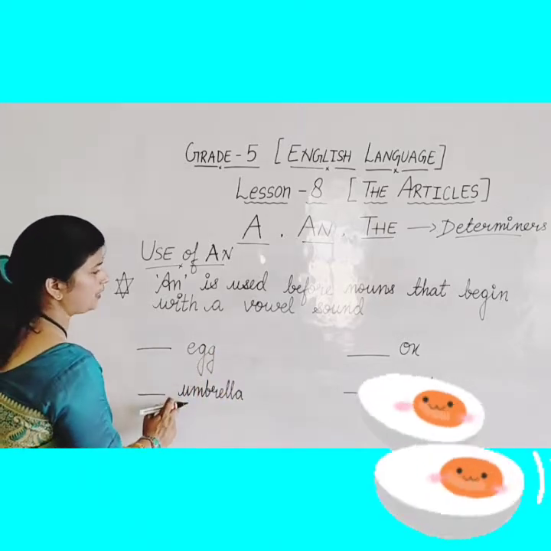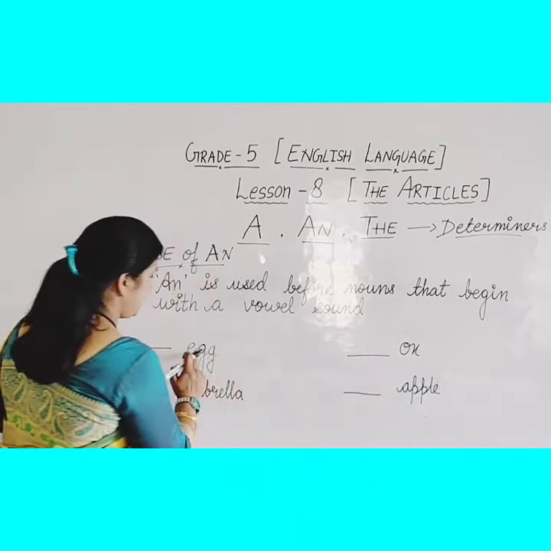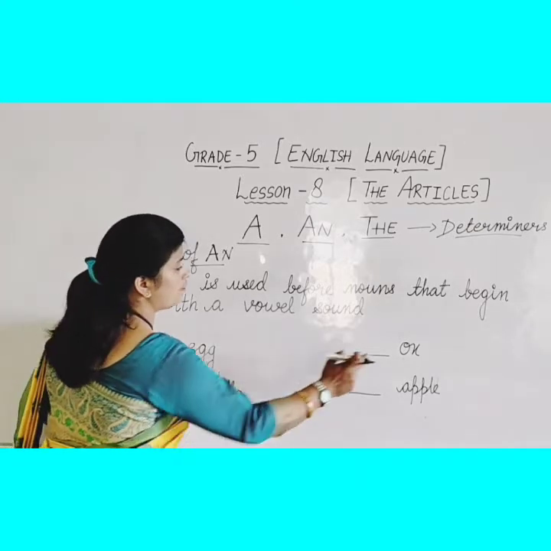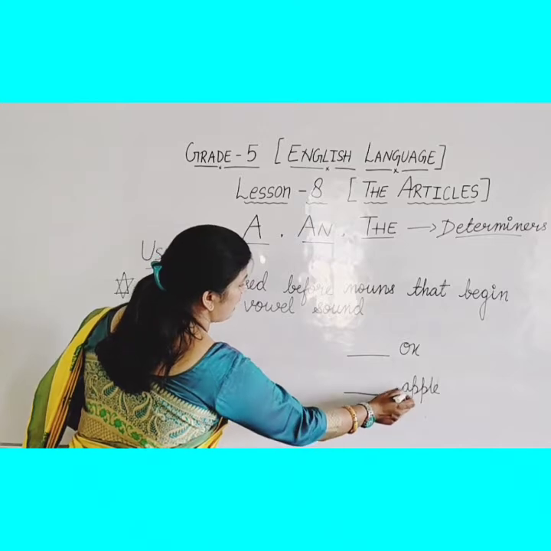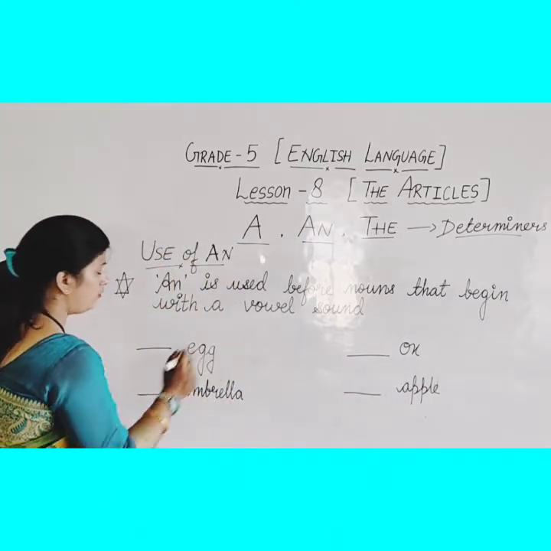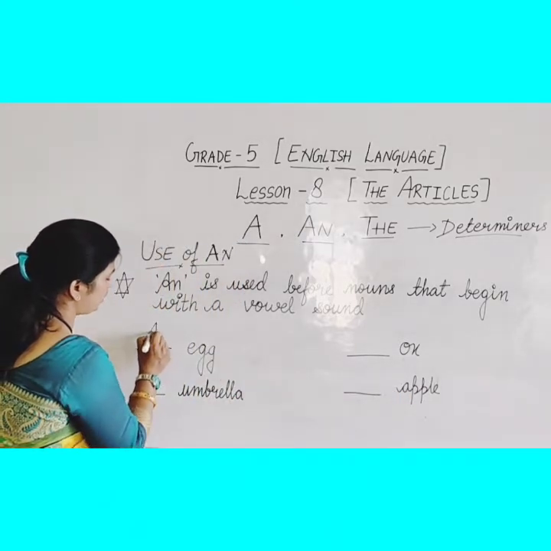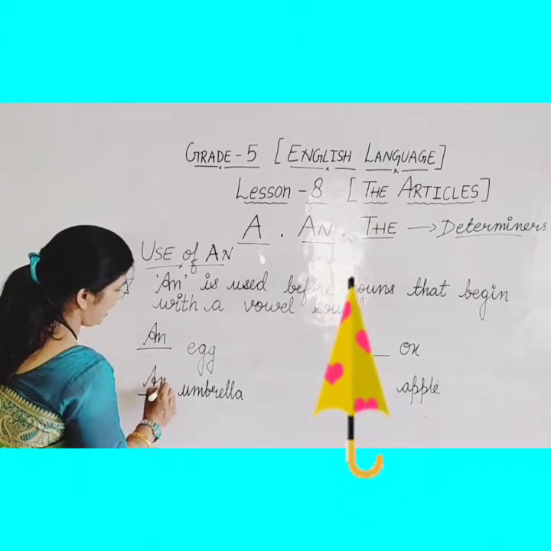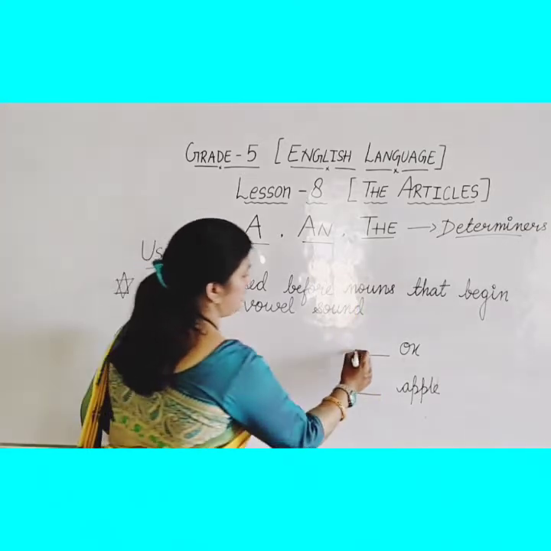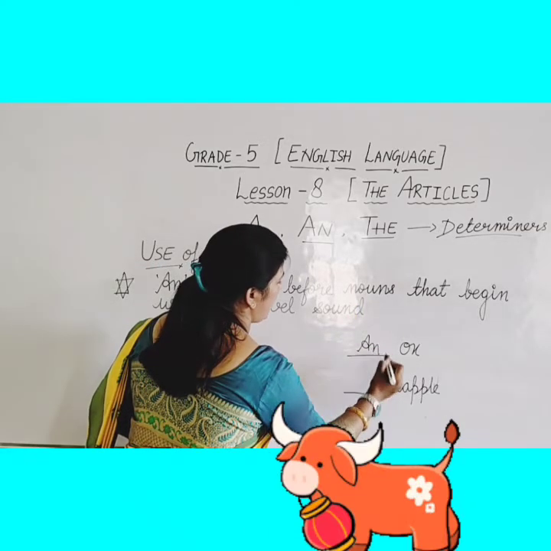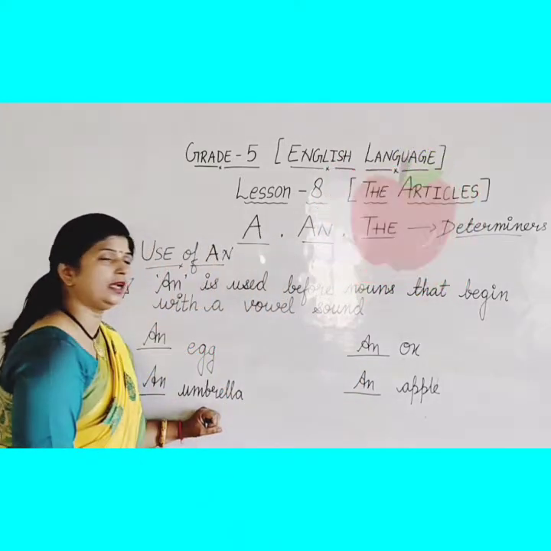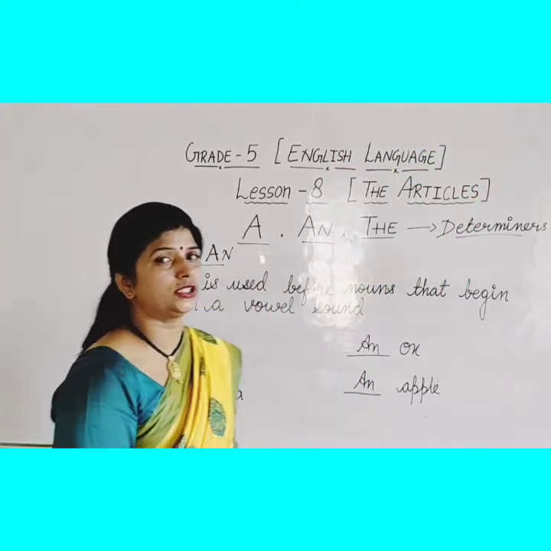These are all vowels. E is a vowel, umbrella, U is also a vowel, O is also a vowel and A is also a vowel. So here in all the cases we will use an: an egg, an umbrella, an ox, and an apple. So wherever there is a vowel sound in the beginning, there we use an.